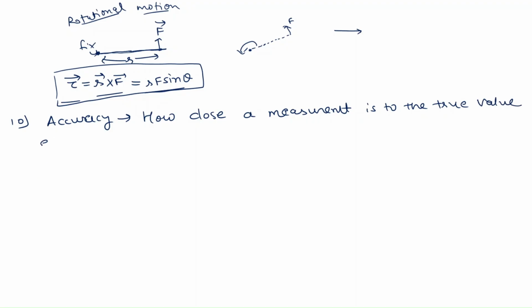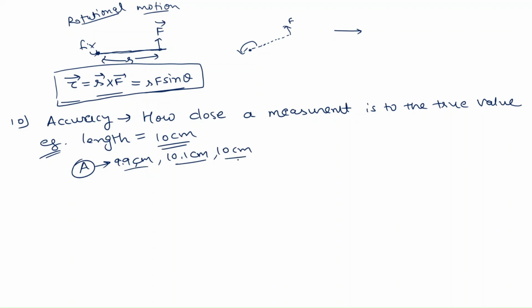Well, suppose, take some example. Suppose the actual length of the scale is about 10 centimeter. Suppose student A takes some measurements and he gets lengths like 9.9 centimeter, 10.1 centimeter, and 10 centimeter.